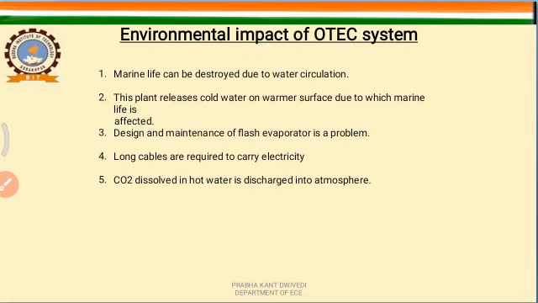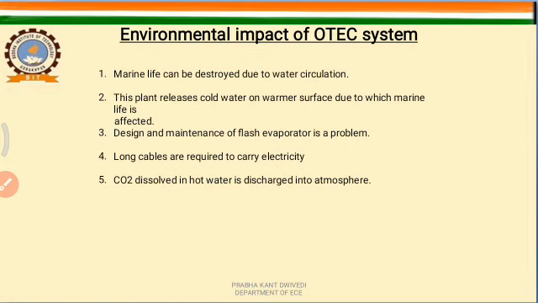Remember, the condenser extracts the water from the bottom of the ocean, which is at a lower temperature. So the organisms which are capable of living in cold water only, when they are poured on the hot surface, they can be destroyed.